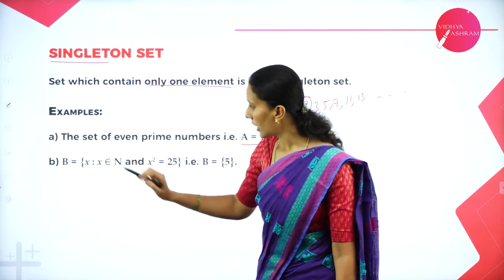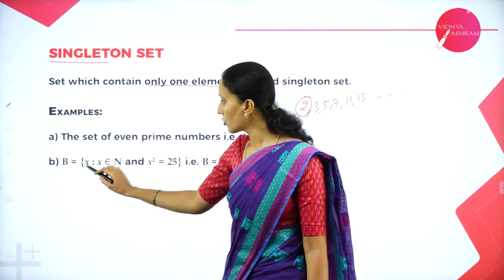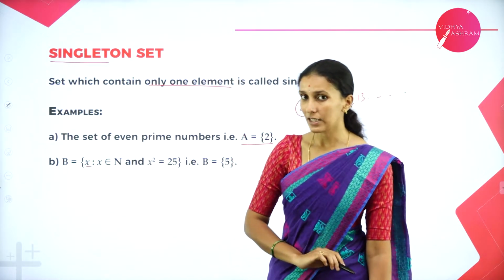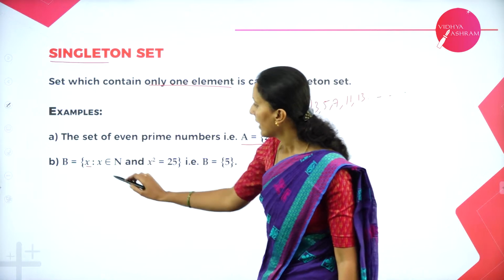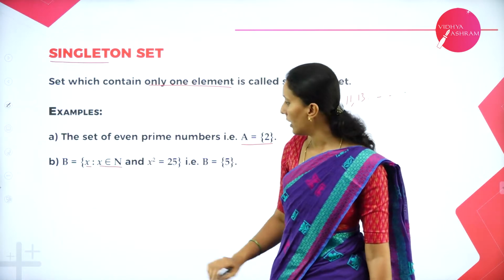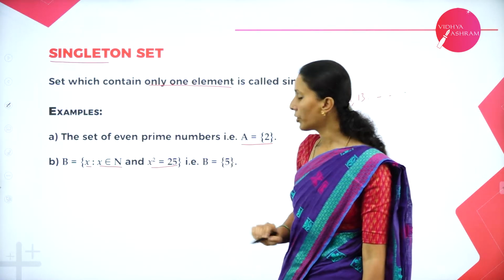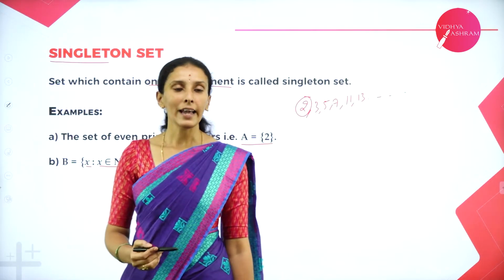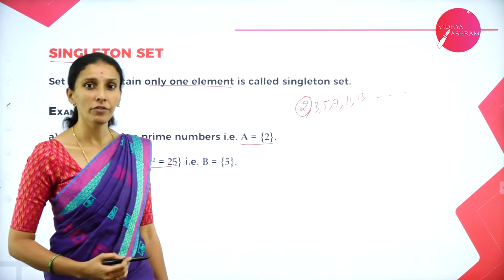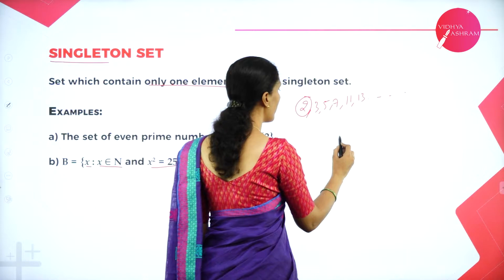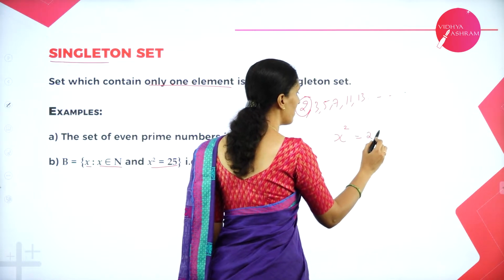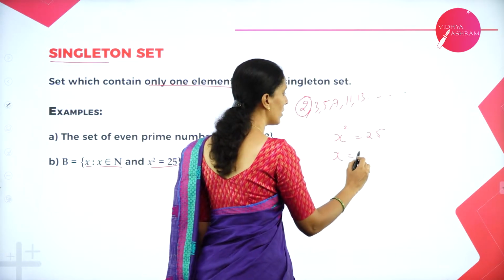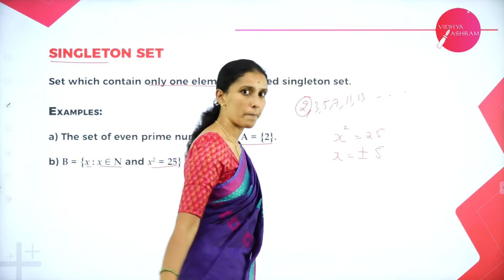Next, they have given a condition. B contains all those elements x such that, what is the condition on x? x must be a natural number and x square is equal to 25. So I have given here B is equal to {5}. Why? x square is equal to 25 means x can get the values of plus or minus 5.